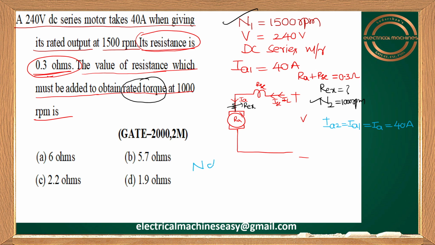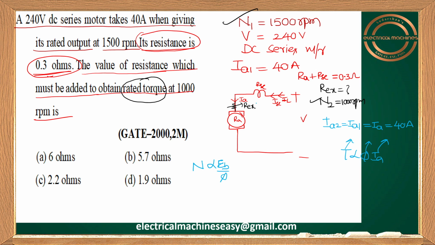N is proportional to EB by phi is the relation. Here one thing you can understand clearly: T is proportional to phi into IA. Since I took the IA value constant, the torque is also constant, and you can take flux also constant generally.